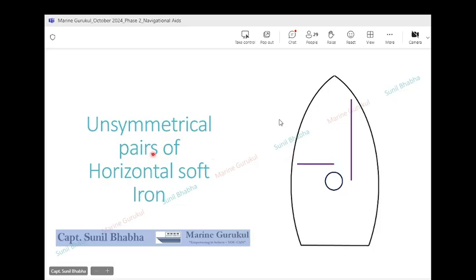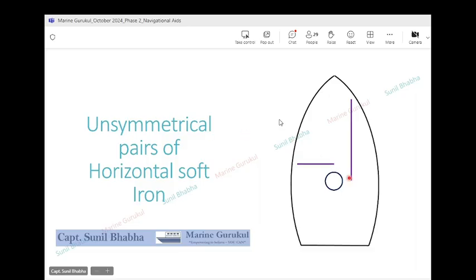So the first thing to note is that coefficient A requires a pair. Pair means there should be a combination of fore and aft as well as athwart ship horizontal soft iron. The second thing which is required is that these horizontal soft iron should be unsymmetrical. Now what do we mean by unsymmetrical?